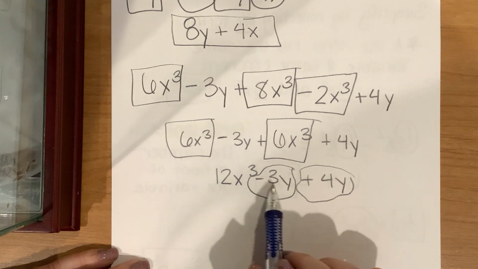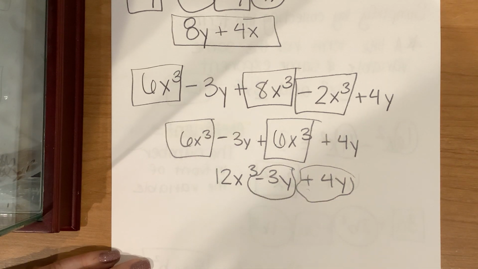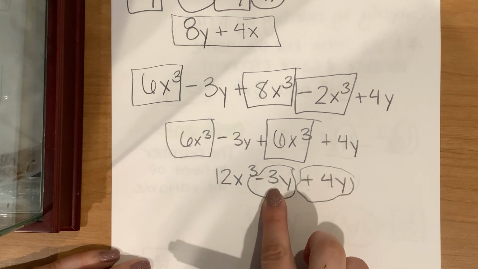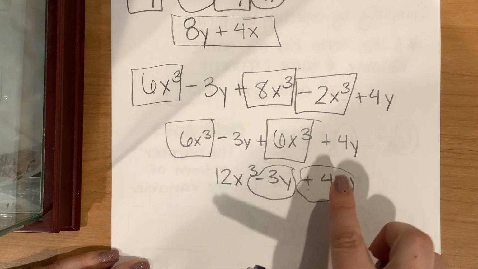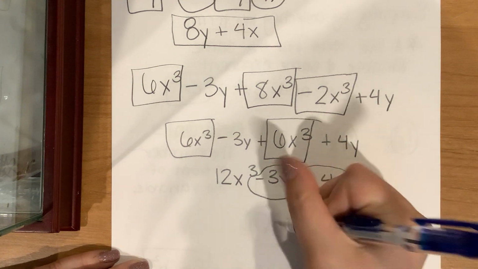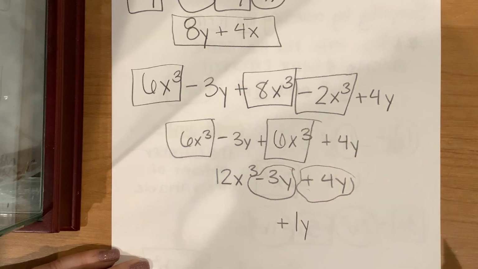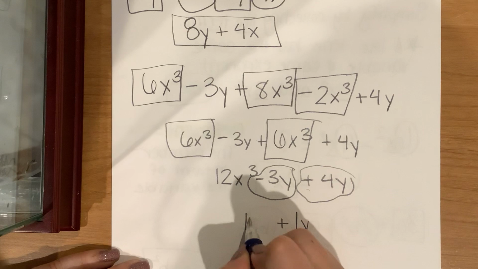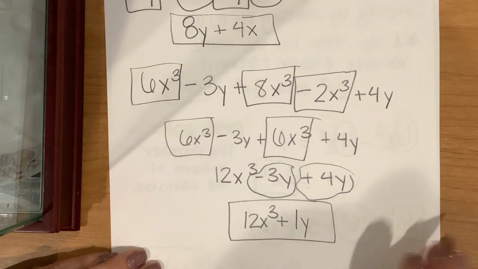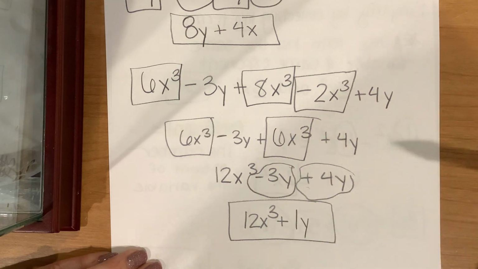For example, this minus is attached to that 3y and the plus is attached to that 4y. So I look at this like positive 4 and negative 3. 4 minus 3 is 1y, and my 1 is positive, so it gets that positive sign. So my answer, simplifying this big long problem, is 12x cubed plus 1y.